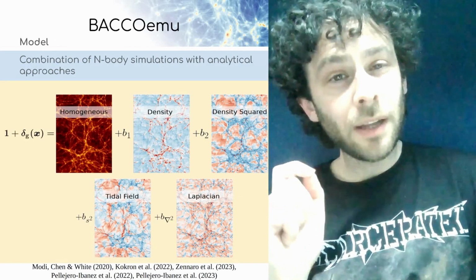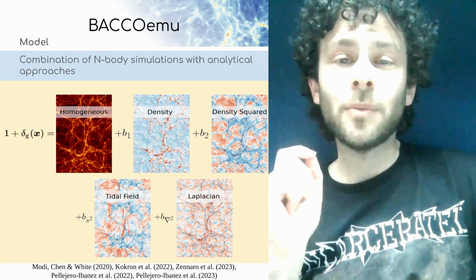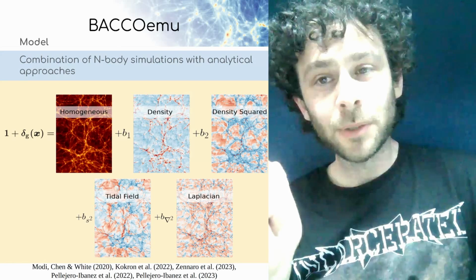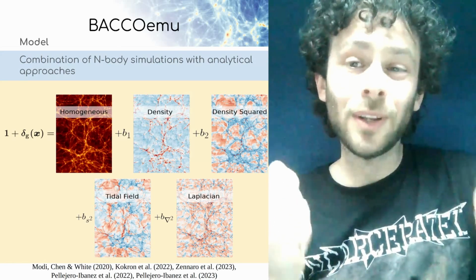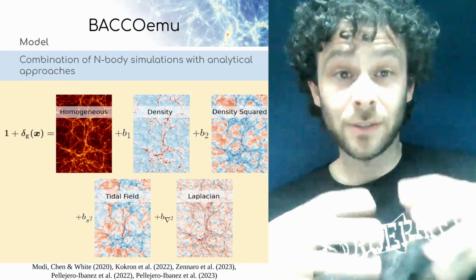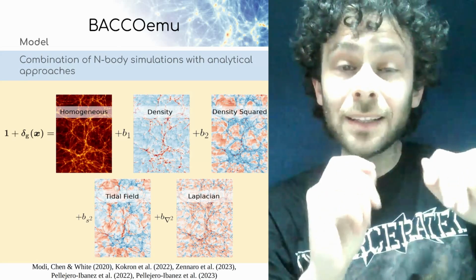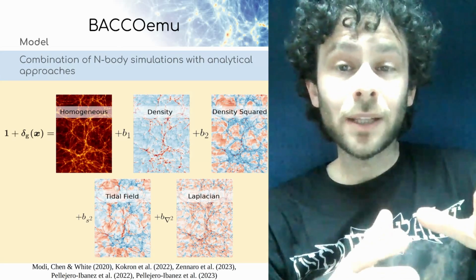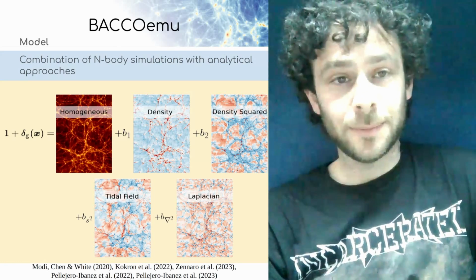Let me very quickly explain the model we use in a nutshell. The model is based on a combination between matter-only n-body simulations for the structure formation and analytic approaches based on bias models to populate the simulation with galaxies.